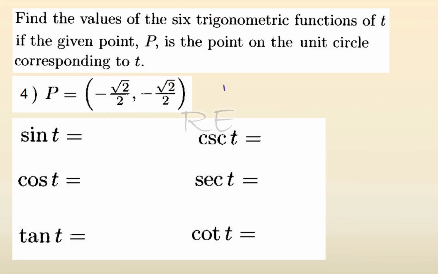P is equal to negative square root of 2 over 2, negative square root of 2 over 2. Once again, P is of the form cosine t, sine t. P is a point on the unit circle corresponding to t. Sine t is minus square root of 2 over 2.